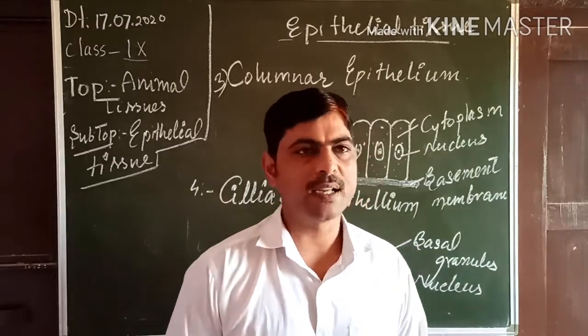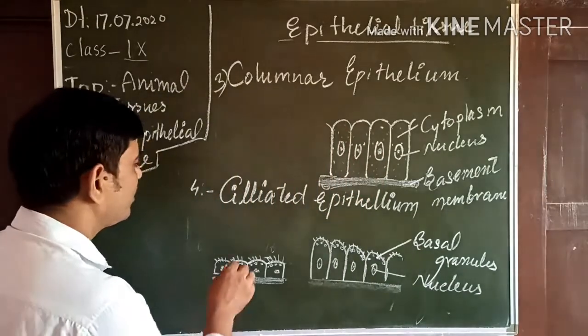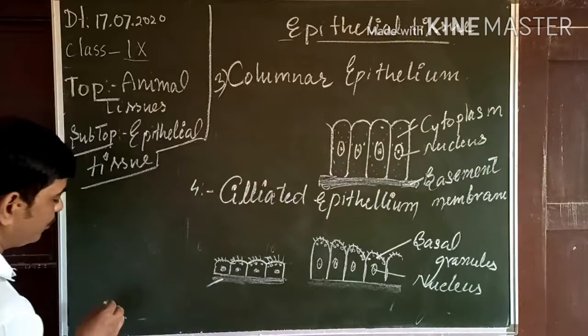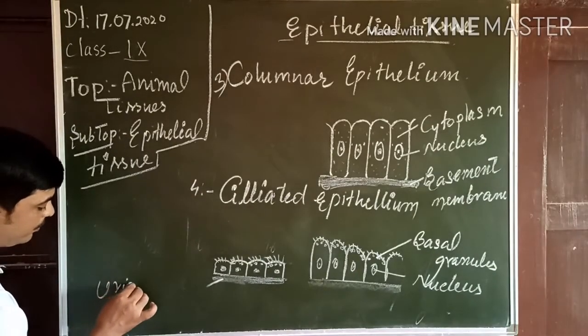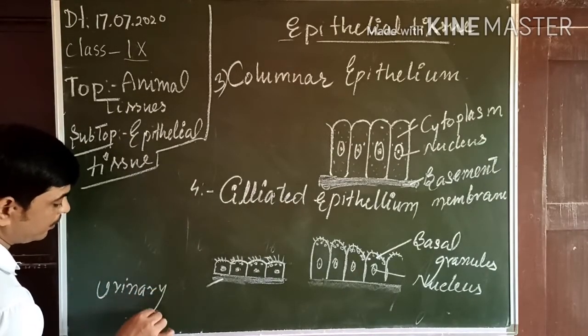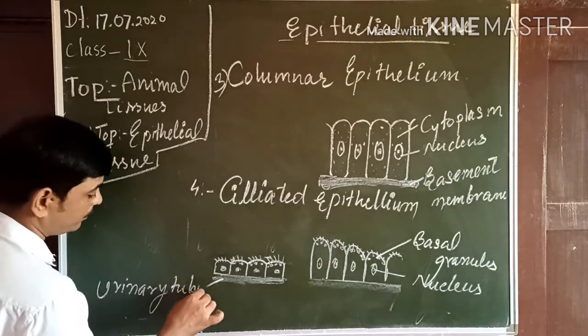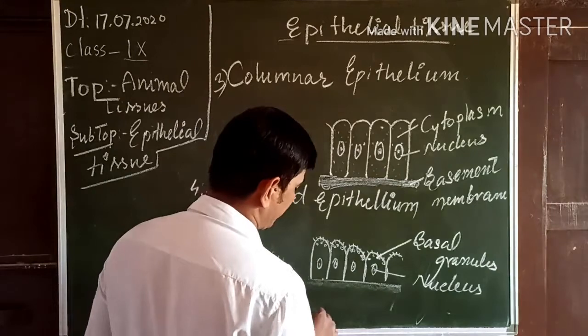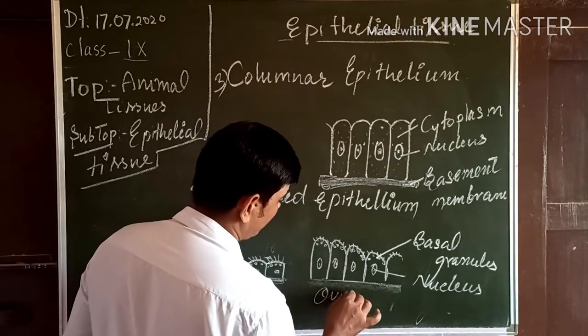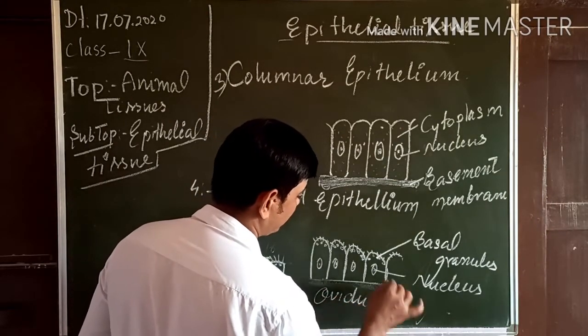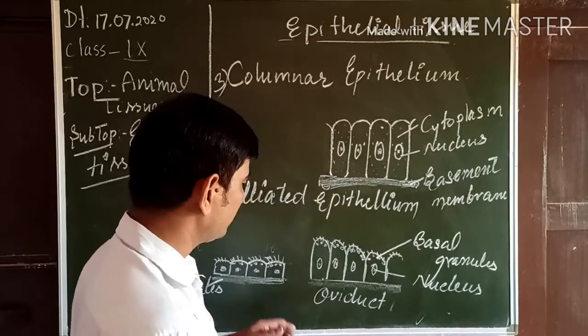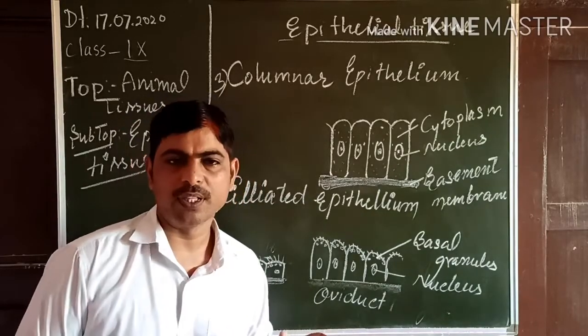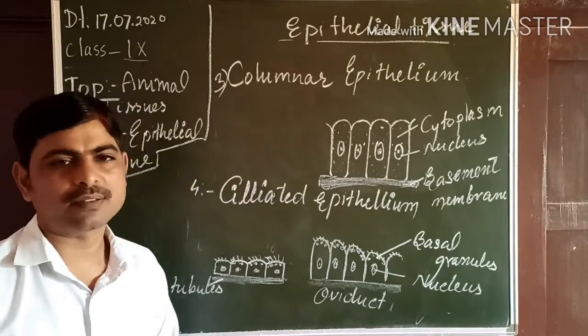You can take the example of urinary tubules. Here you can take the example of the oviduct. This type of epithelium is found in these parts of the body.